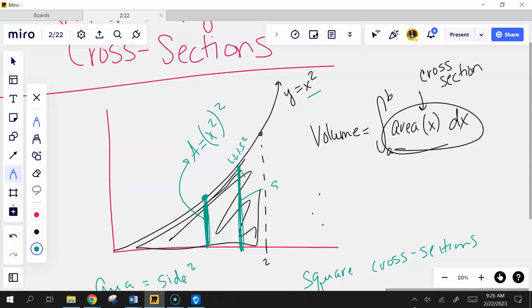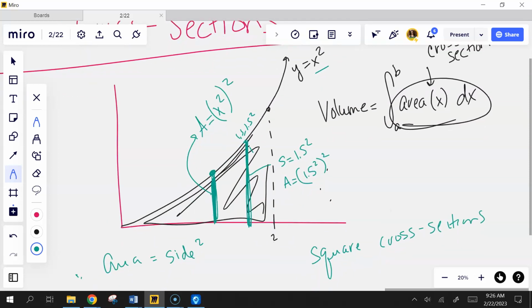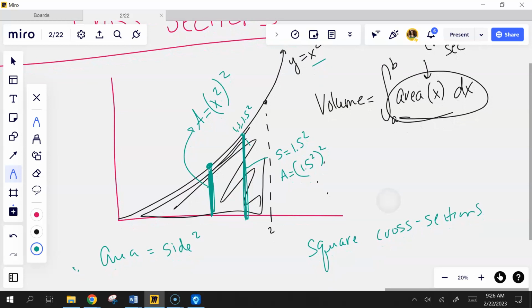So the side is 1.5 squared, which means the area would be 1.5 squared squared, right? 1.5 squared times 1.5 squared. Does that make sense? No? Okay, so it's double. Right.